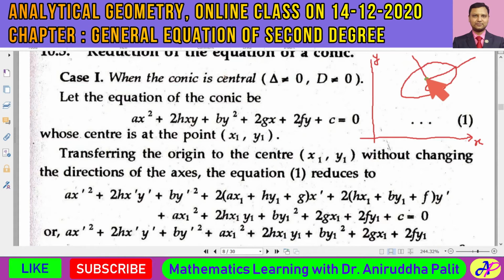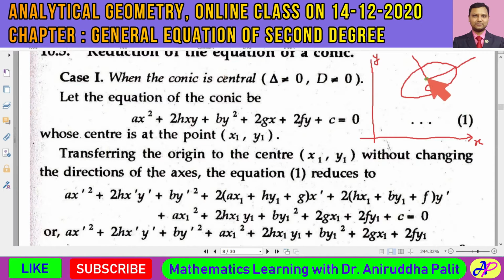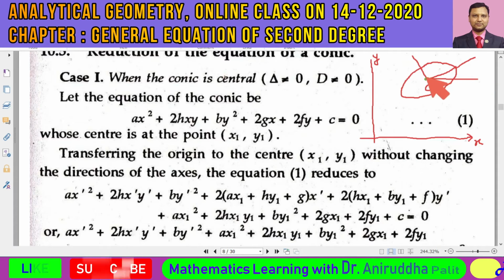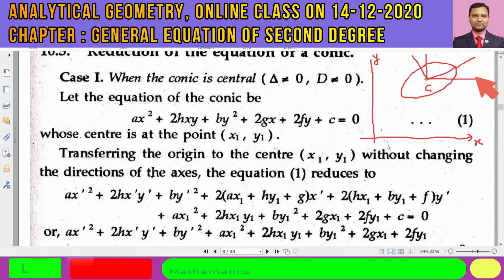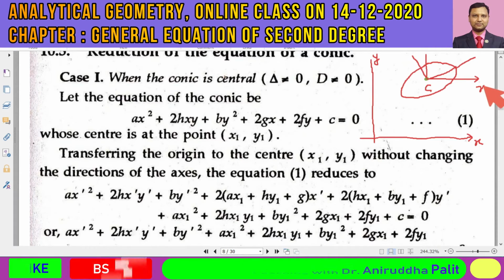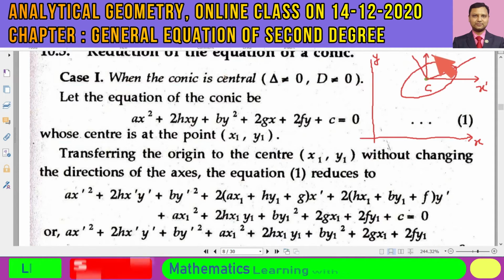Now we shift the origin to this point C without changing the direction of the x-axis and y-axis. Suppose this is the new x-axis and this is the new y-axis. Say this is our x prime axis and this is our y prime axis.